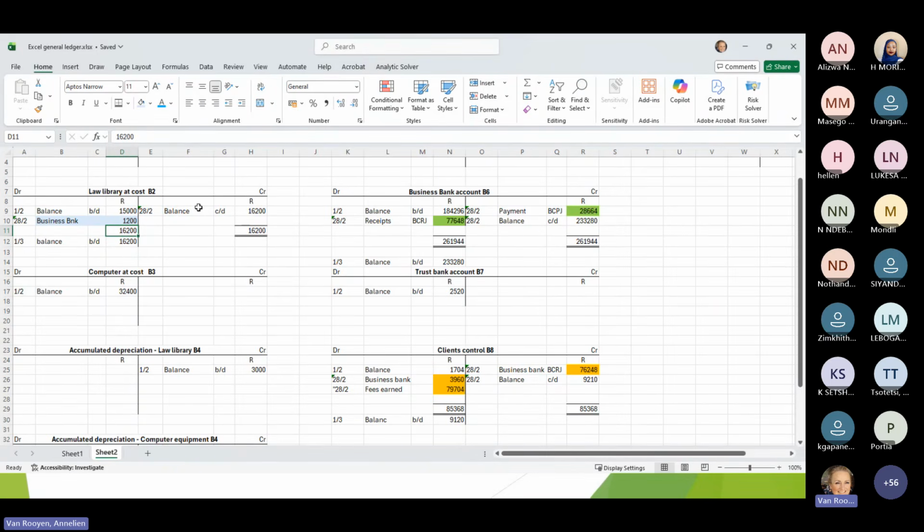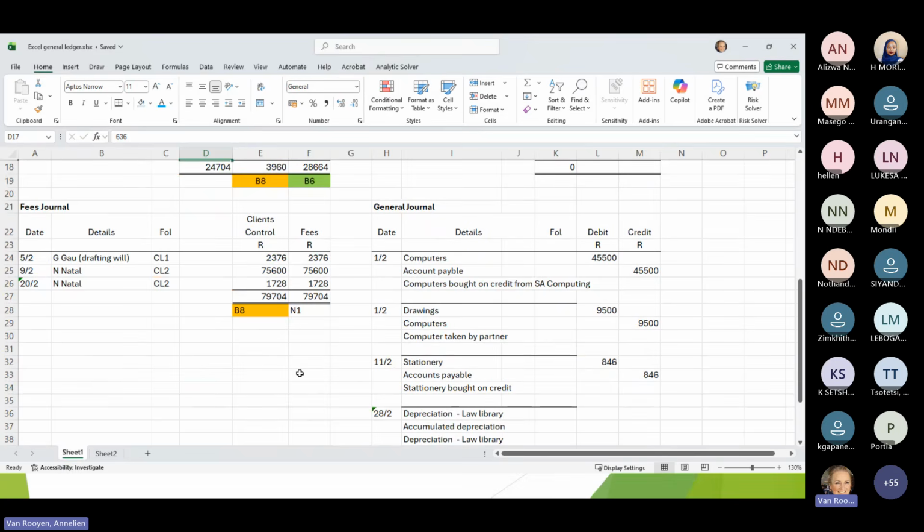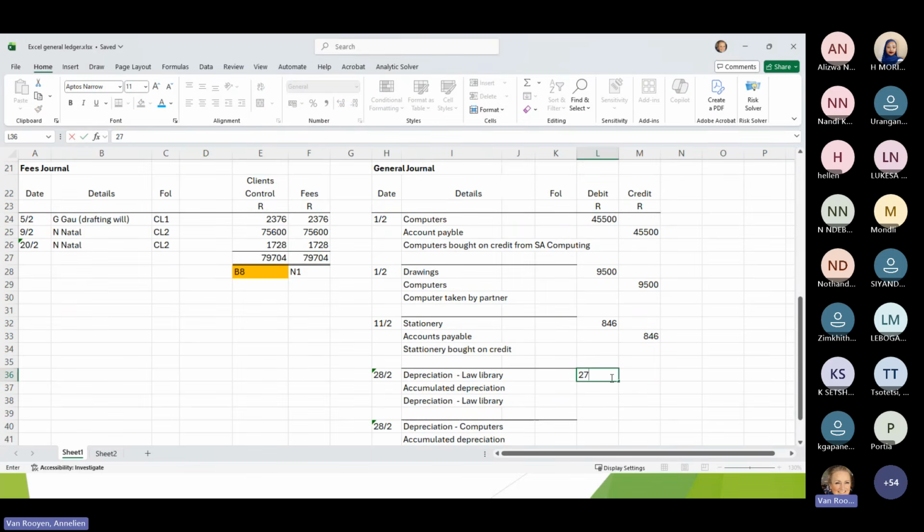So 16,200 times 0.2, or 20%, divided by 12 gives us 270, and that goes in here. Or you can also go back here and say that was law library, 270.